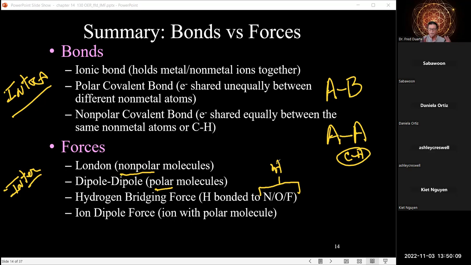So they have their own special category called hydrogen bridging force. And then finally, we have the ion dipole force. The keyword ion should tell you we're dealing with an ionic compound. And most of the time, since we're dealing with an ionic compound, we're dealing with a solvent, which most of the time would be water, aqueous systems.